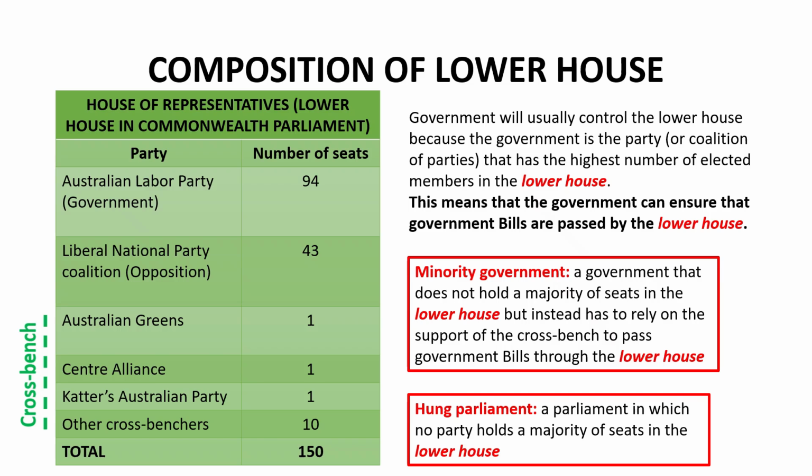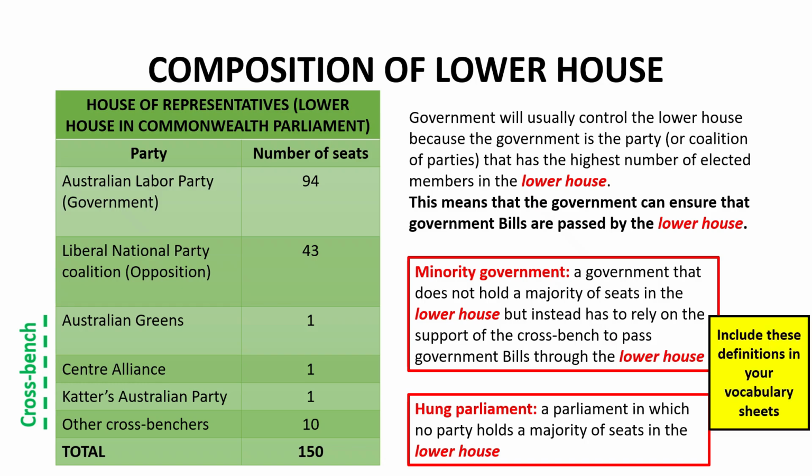That is, a parliament in which no party holds a majority of seats in the lower house. Note that the terms minority government and hung parliament are only used in the context of the lower house, not in the context of the upper house.